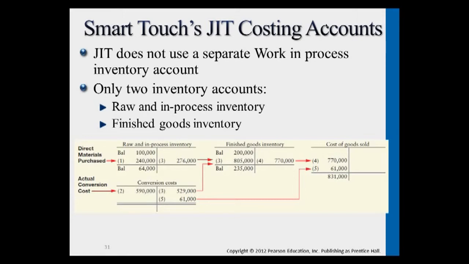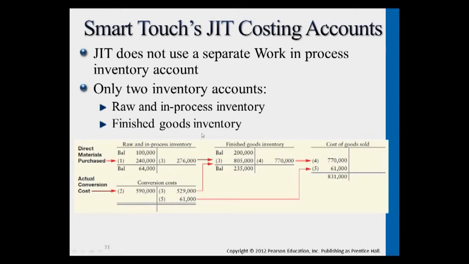We have our direct materials purchased in the raw and in process inventory, and then we have our conversion costs. So we start with the two accounts, raw and in process inventory and conversion costs. And then our costs are going to be right here in finished goods inventory once we're done with the product.